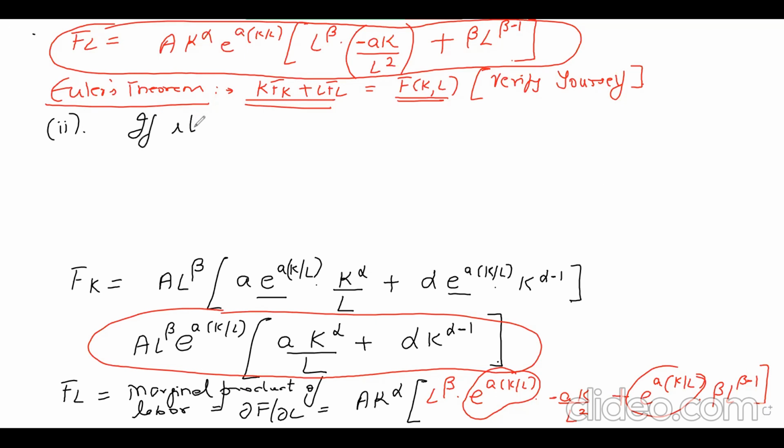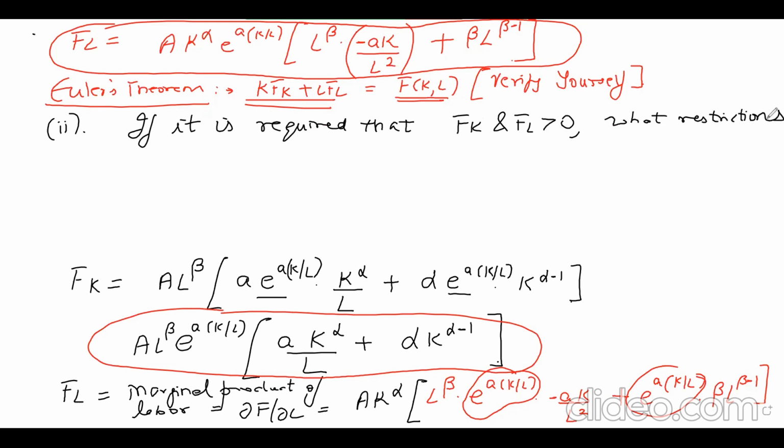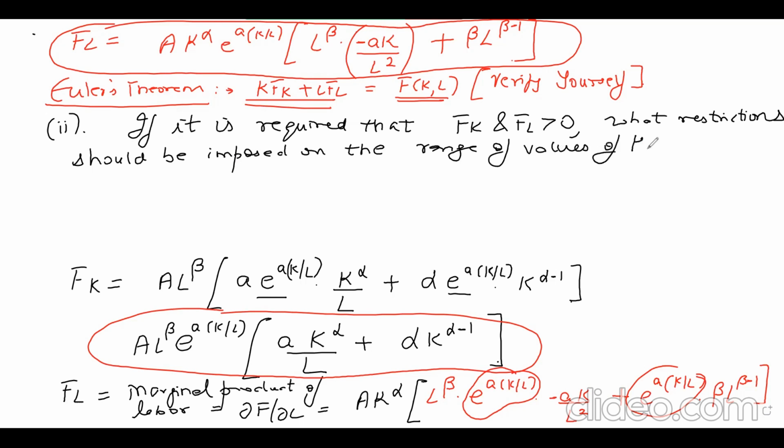If it is required that FK and FL both should be positive, what restrictions should be imposed on the range of values of K and L?